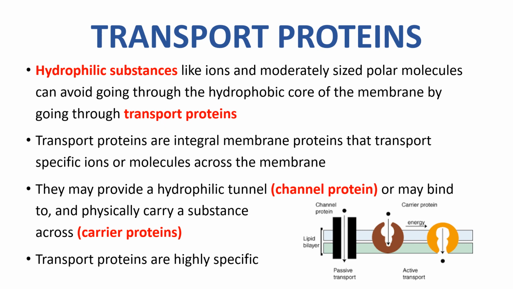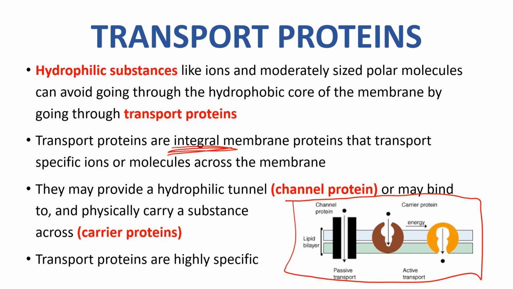So here they are. There's a few different types of channel proteins. This is our focus for next week, so we're actually not going to go into too much detail here. All transport proteins are integral. They're always either a channel going all the way through, or they go halfway through and then they change and open up at the bottom later.